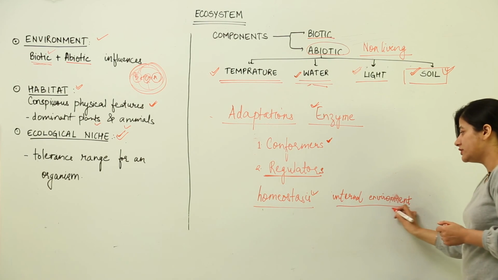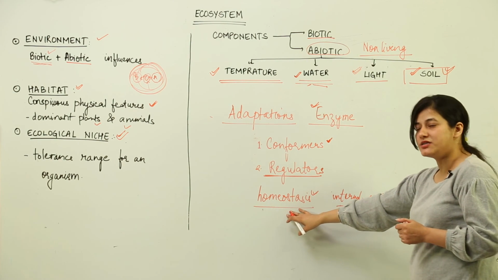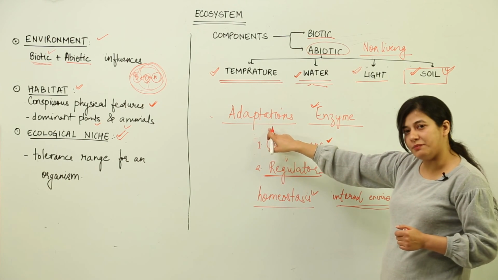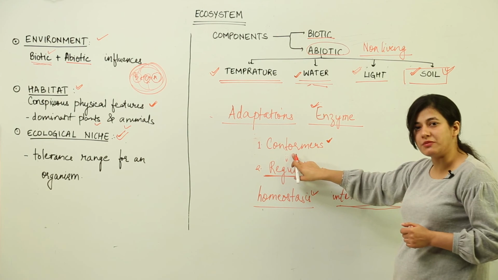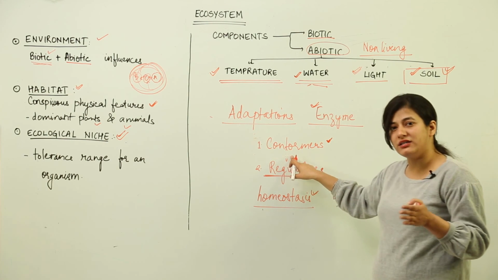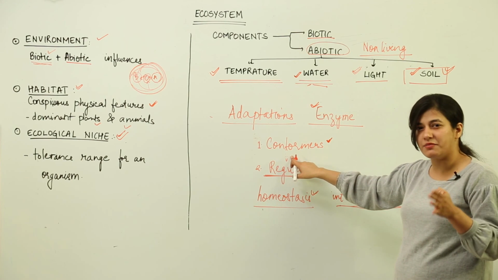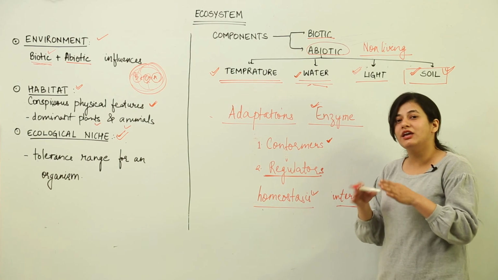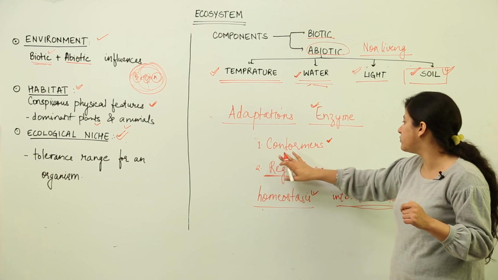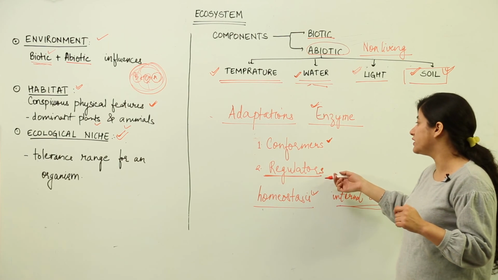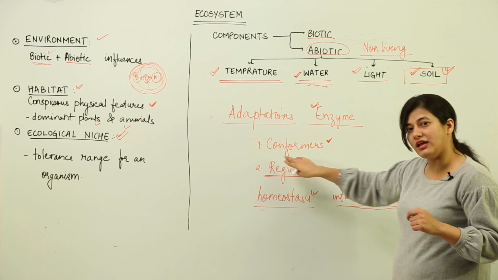They maintain their internal temperature, and conformers will find some adaptive way to avoid those temperatures. You won't find lizards in your home when it is peak winter. You won't find other insects and bees and butterflies when it is peak winter, because they have to hibernate, they have to hide. They cannot maintain body temperature inside them so that they survive in the cold conditions or very hot conditions. So for that reason they are conformers.